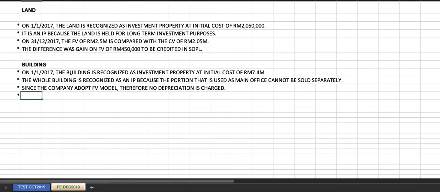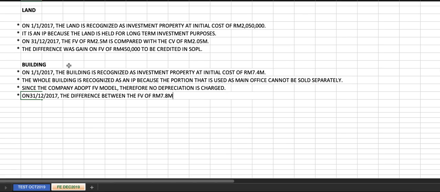And then we continue to compare on 31st December 2017 the difference between the fair value of RM, how much was it? On 31st December 17, 7.8 million.